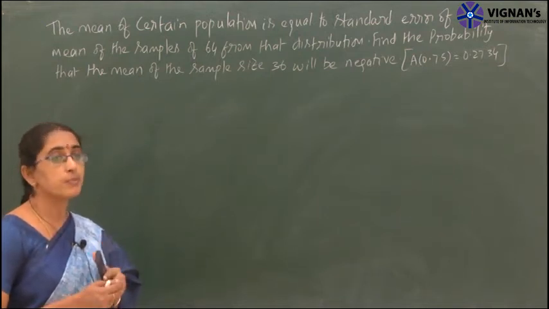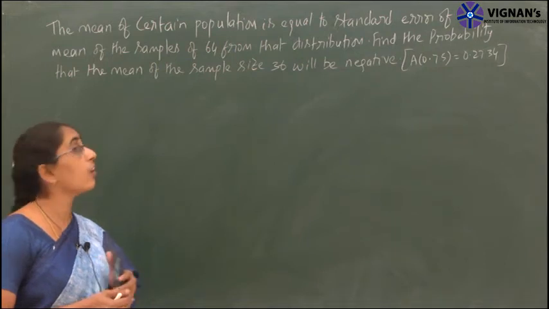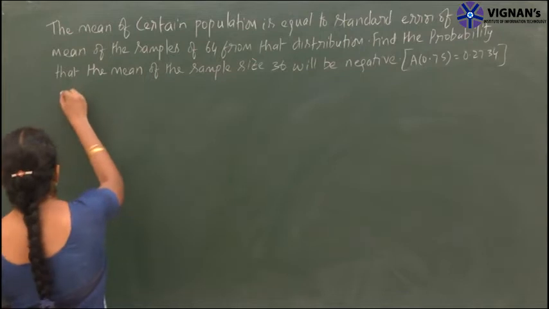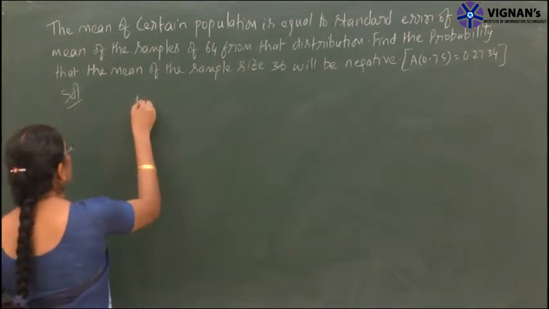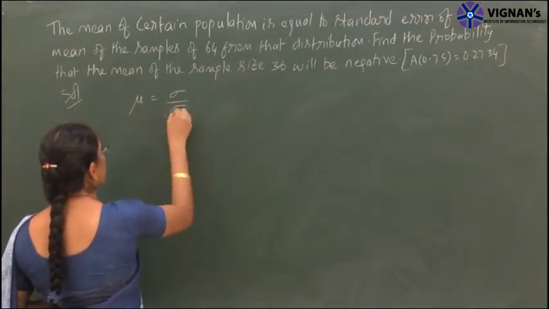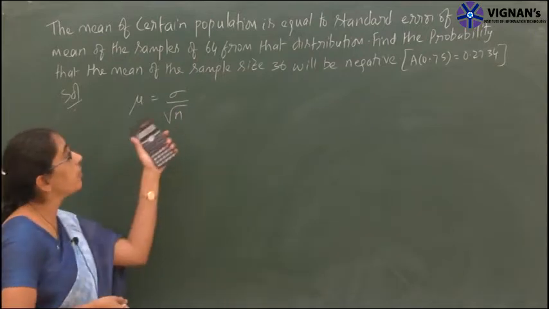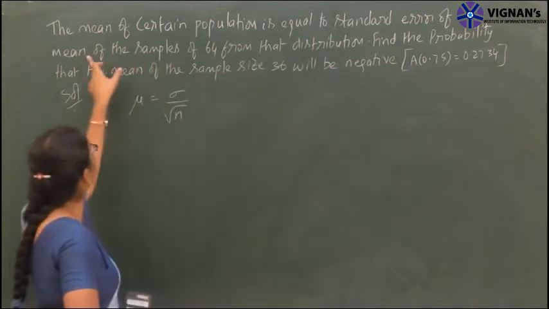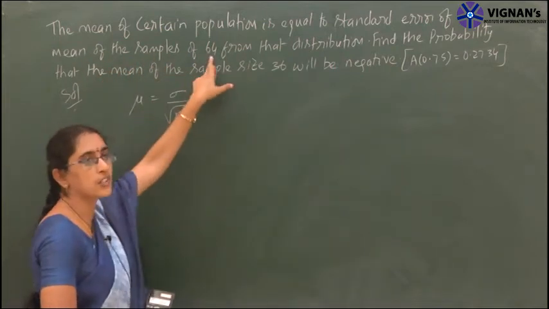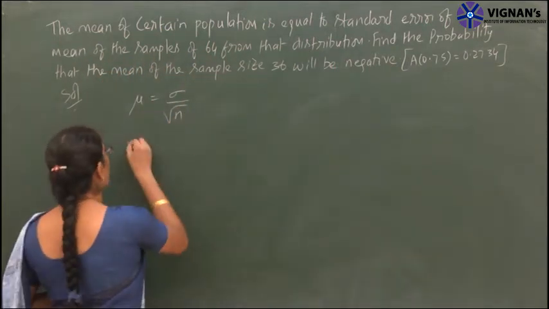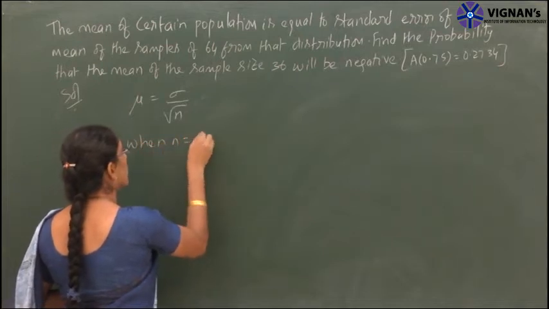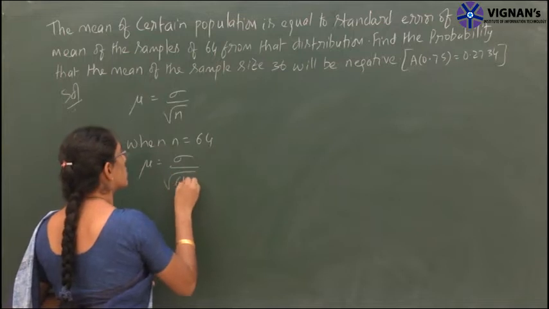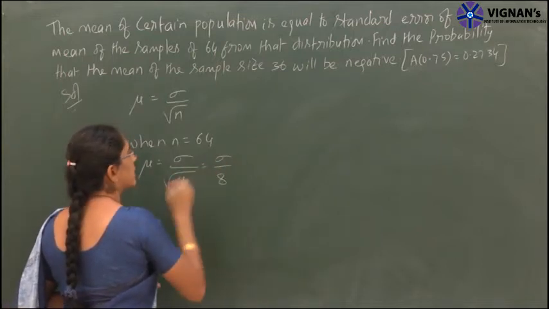Mu. So that mu is equal to the standard error of the mean of the sample size 64. So that means here mu equals sigma by root n, it is given. When n equals 64, then mu is sigma by square root of 64, that is sigma by 8.